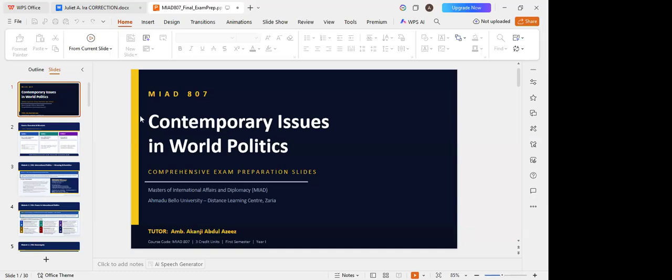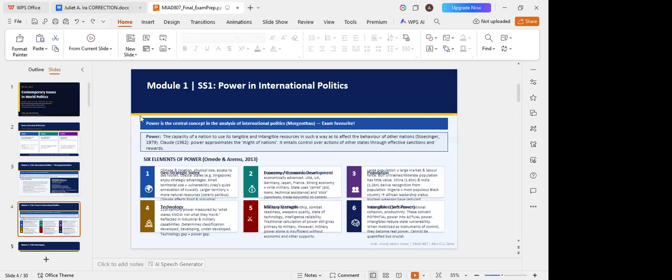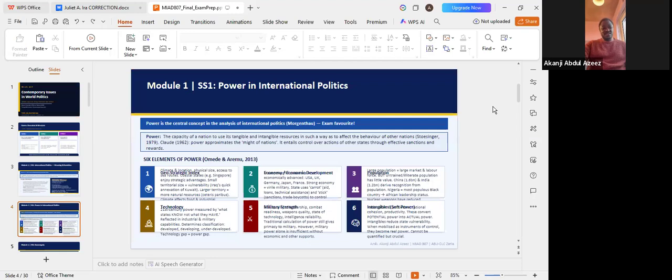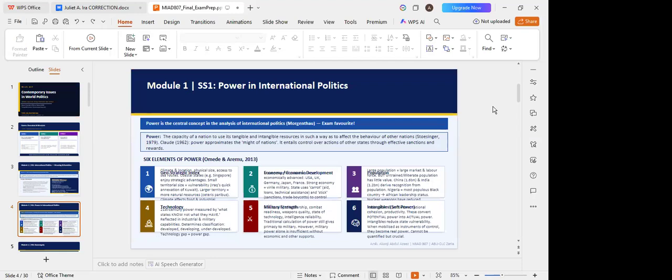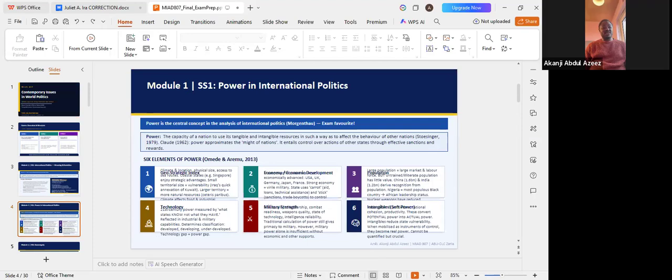You didn't move to slide 2 or 3. Yes, now it's moving. 1. Yes, this is the first one. Yes, I think we have the 6 elements of power here now. Okay, it's moving now. You can see it now, right? Yes, thank you. Oh, I'm not watching my slides, so in case you are not seeing anything, just let me know so that I can say.